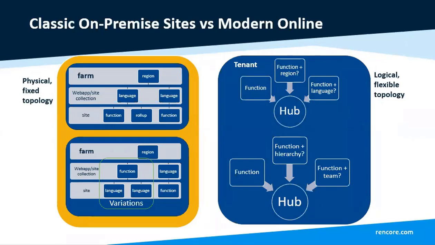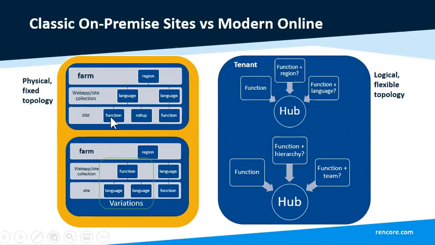So they were physically separated, and the topology, the hierarchy, was fixed. If you were using variations on classic sites, then variations themselves are subsites. So you would have a function, and within that function, you would have within the same site collection different language versions as separate sites physically located on the same farm, on the same servers in the same region.